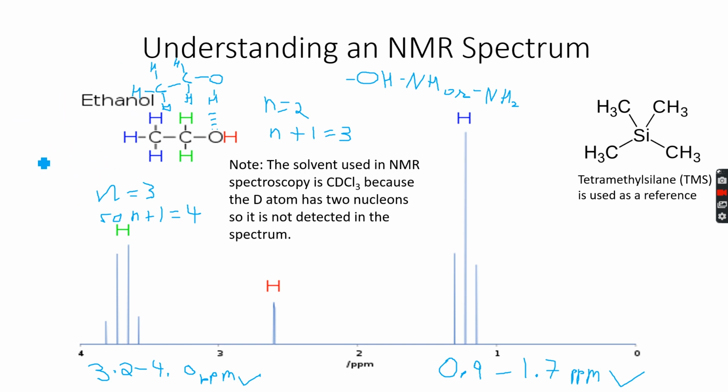And for the OH peak, we get a really wide range. I can see in the data booklet, we have 0.5 to 6.0 ppm.